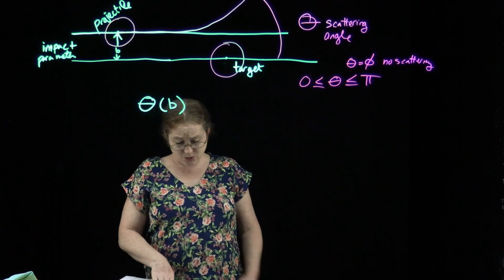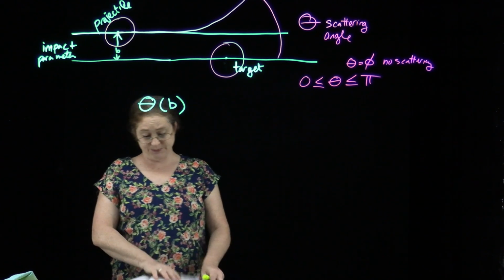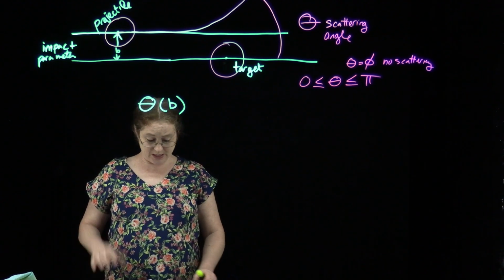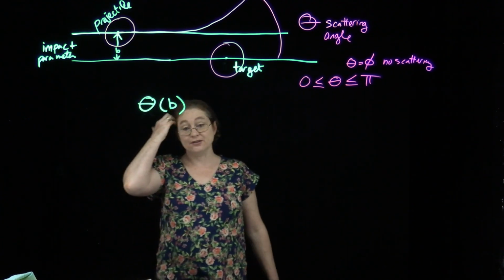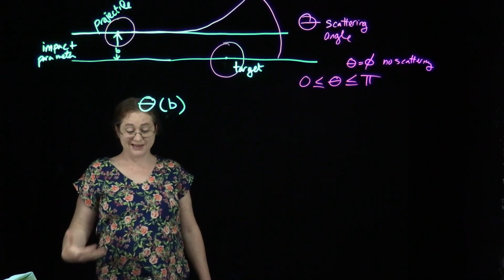And then what we're going to do is define a scattering cross-section. And this is an effective area for the projectile and the target.